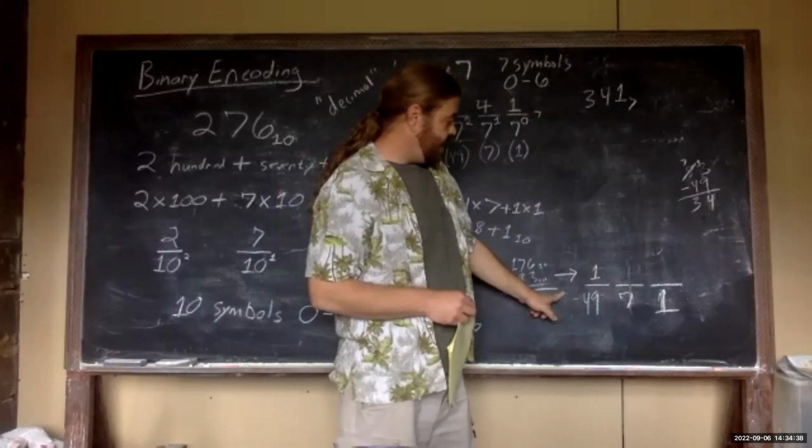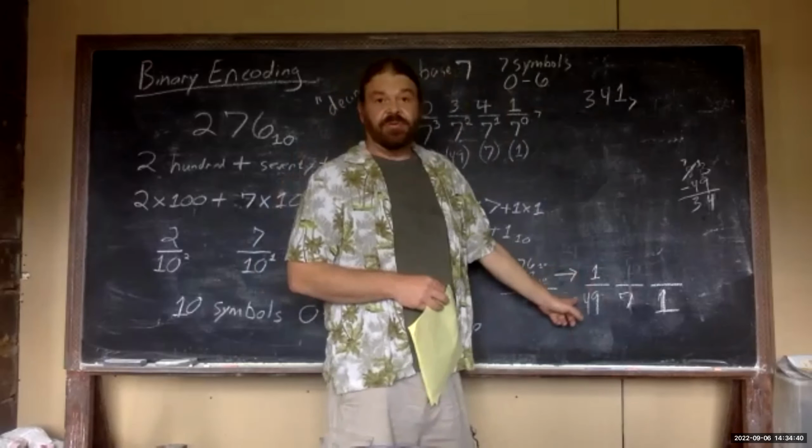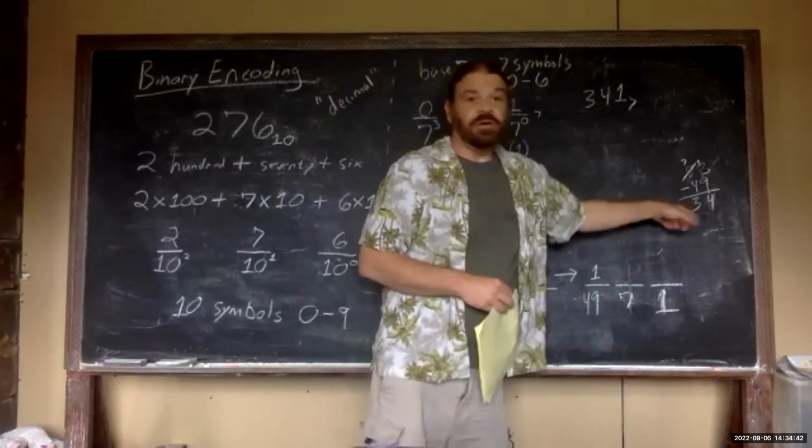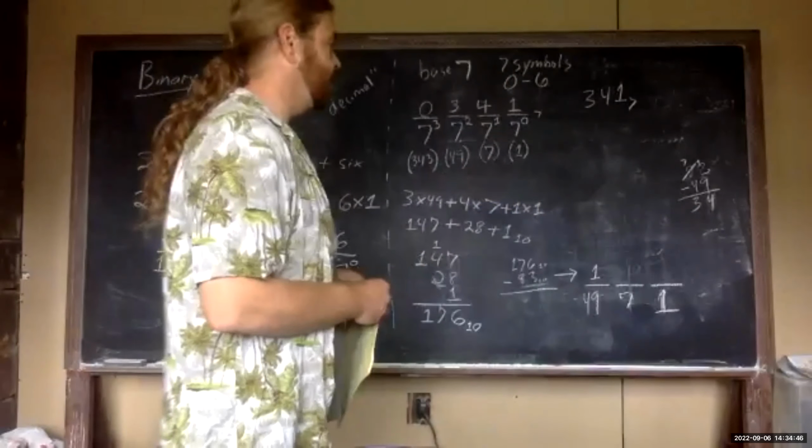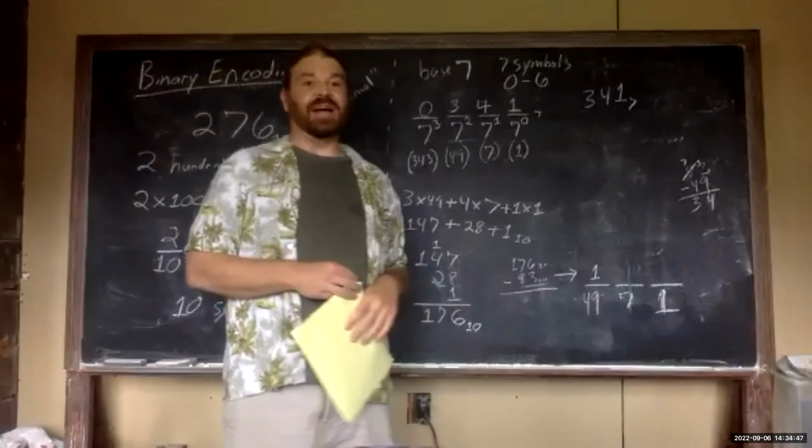Well, we know there's going to be a 1 in our first column, which gives us 34 left to find. 7 times 5 would be 35, so that would be too big to fit in that column. If we put 5 there, that's more than the number we need.